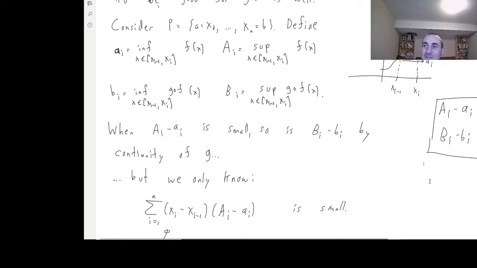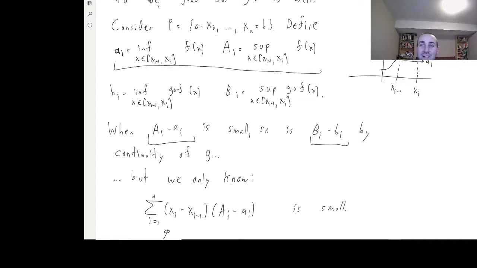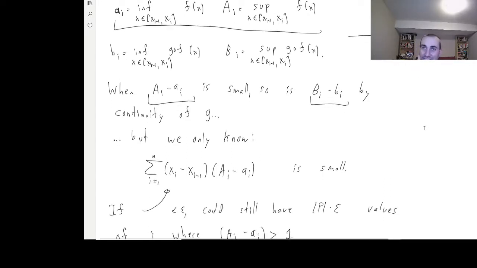And at first glance, we might think that life is going to be easy in this proof, because certainly, if you want to make capital B_i minus little b_i smaller than some fixed epsilon greater than 0, you can always do that by forcing capital A_i minus little a_i to be smaller than some delta depending on epsilon. That's what it means for g to be continuous. So in some sense, if capital A_i minus lower a_i is small, then also capital B_i minus lower b_i is going to be small.